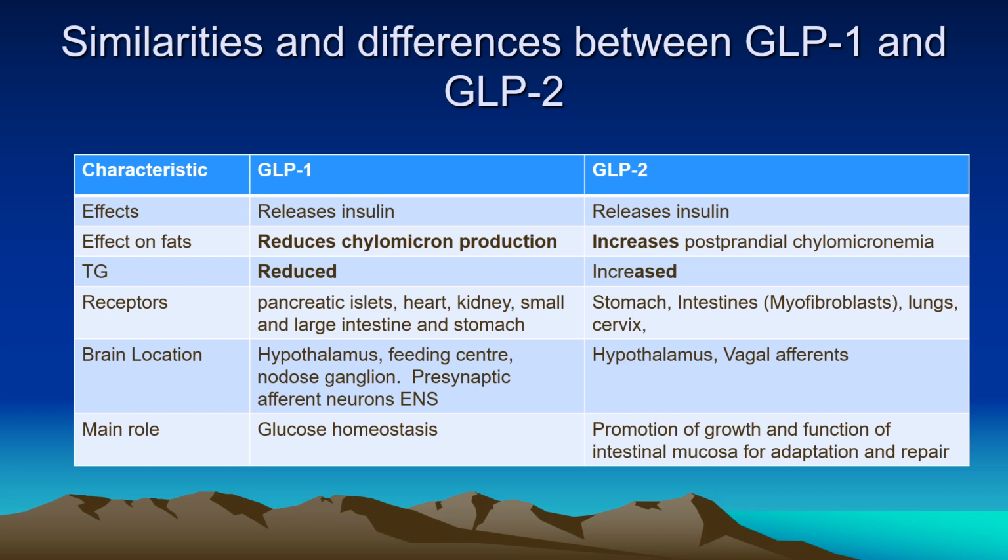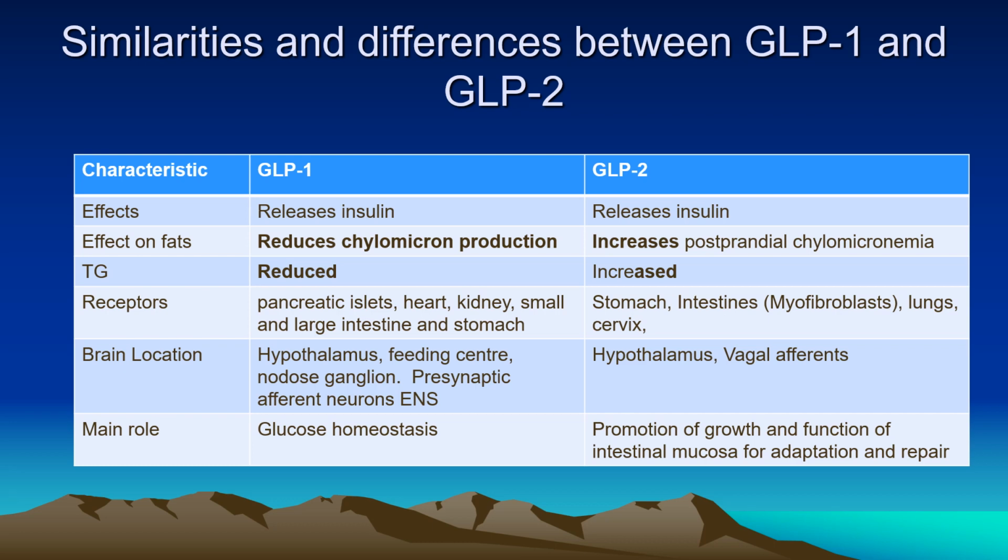Now, among the similarities and differences, despite being co-secreted, some of the effects are different. For example, GLP-1 reduces chylomicron production and reduces triglycerides, whereas GLP-2 increases postprandial chylomicronemia and also increases formation of triglycerides.